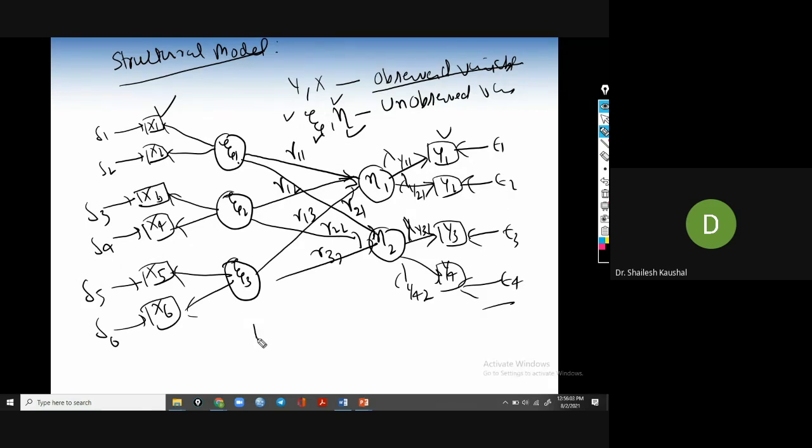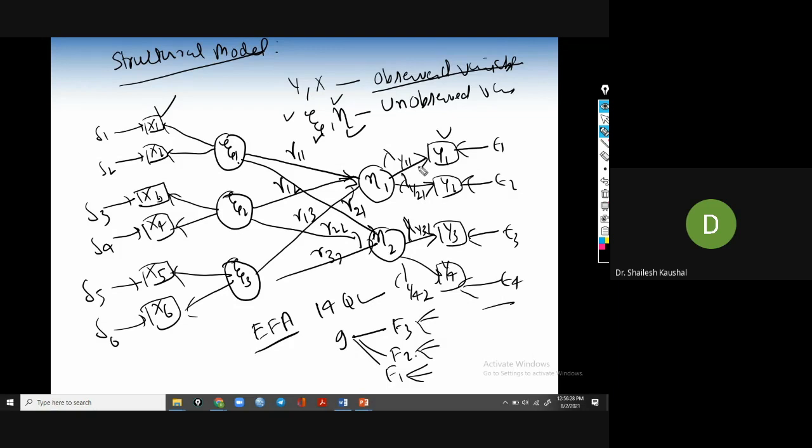Like in the EFA, we have taken 14 questions to explain the concept of EFA. Out of the 14, 9 questions we retained, and the 9 questions were divided into 3 factors, F1, F2, and F3. Each construct has 3 questions.